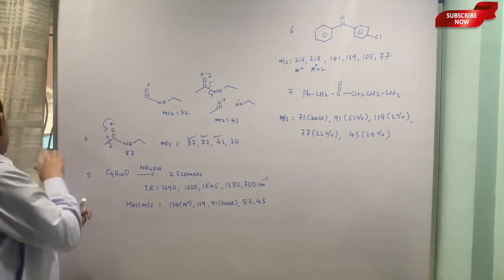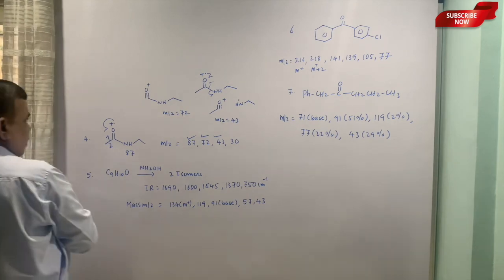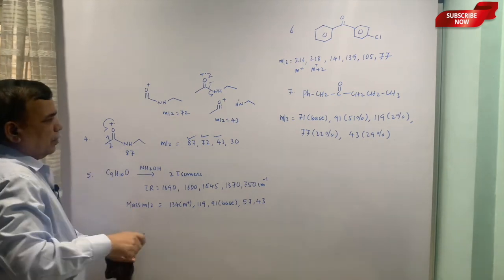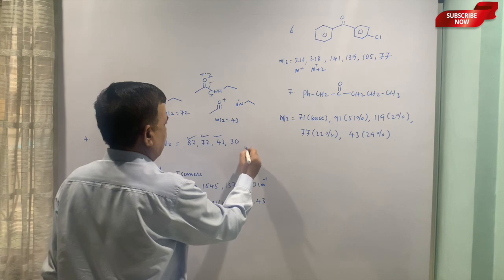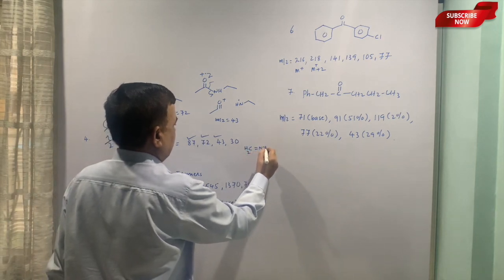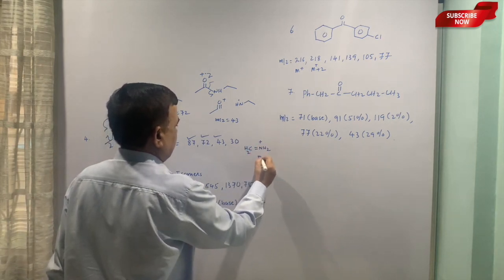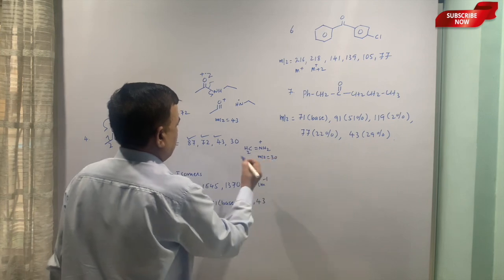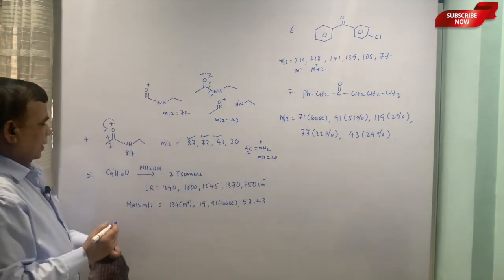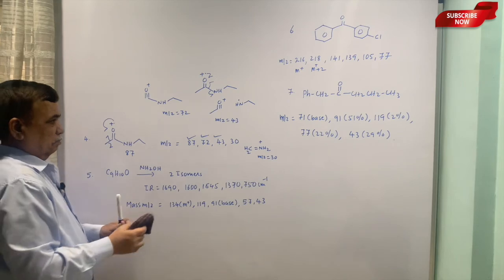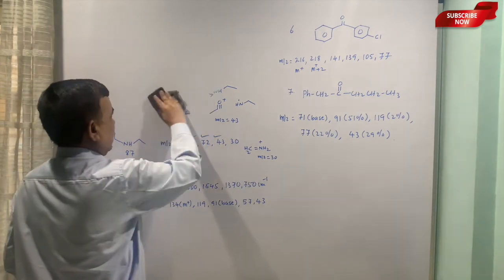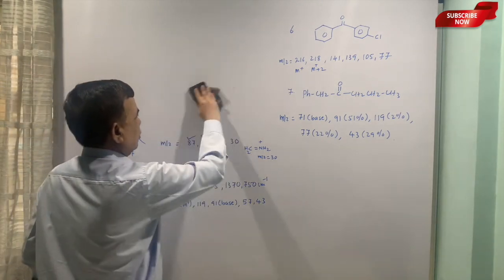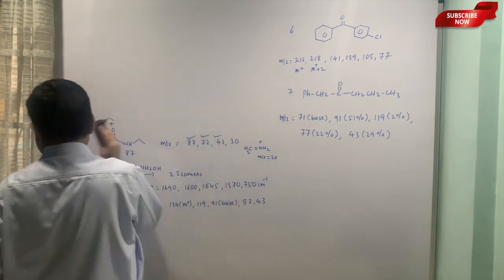Now coming to this 30. Now the 30 peak, what is that entity? Let me put it here. This is 30. So how to arrive at that iminium ion? Let me show it quickly.